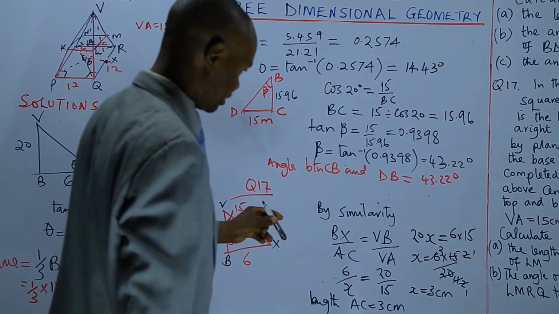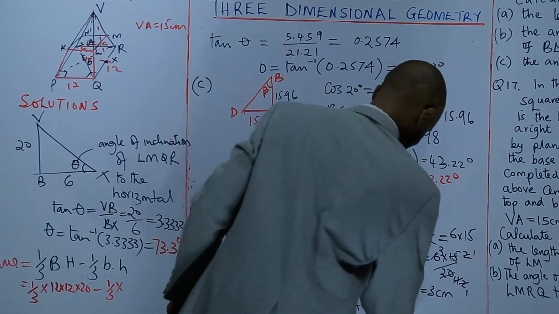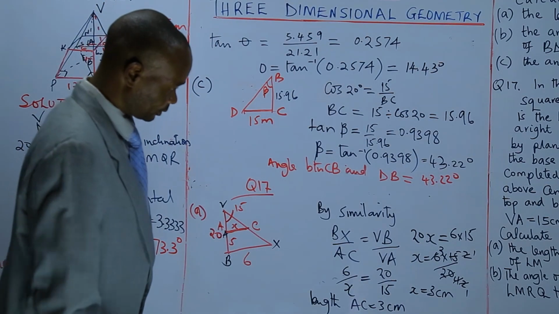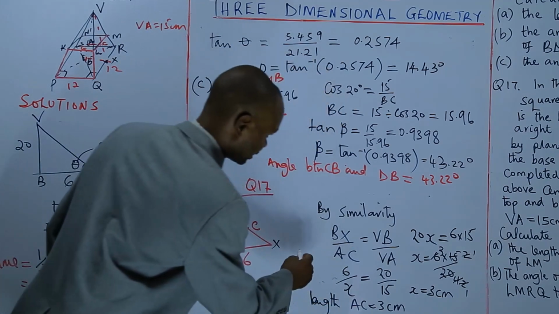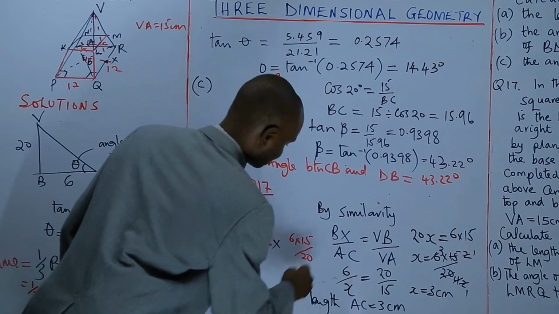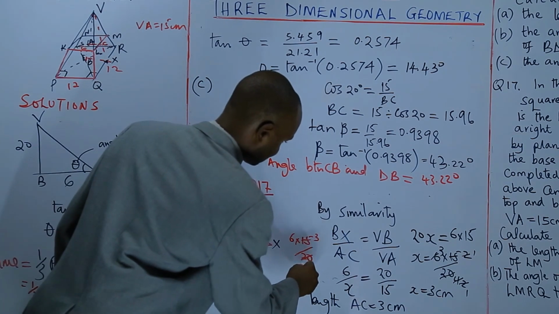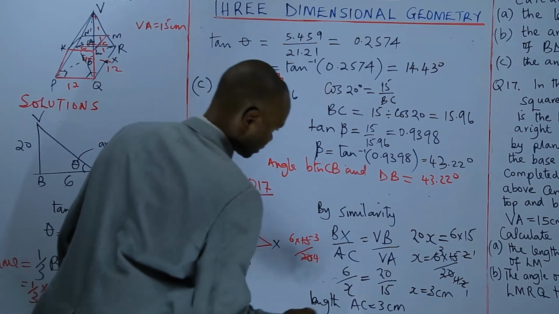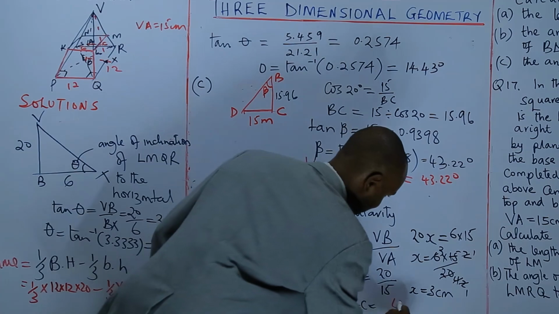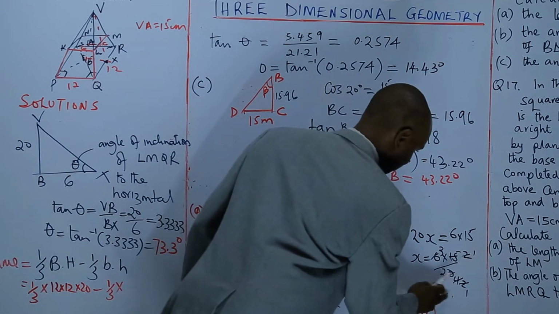Let's see what we got here. Let's just check here the length. See whether we worked it well. Let's see our workings here. 6 times 15 divided by 20. 4 goes there, 5 goes there, 3, 5 goes there, 4. So this was supposed to be 4.5. So check. This was 4.5.